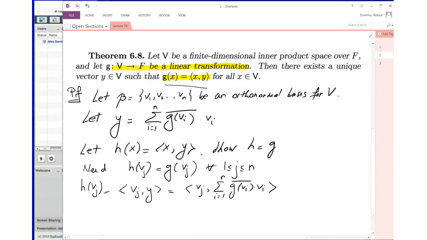In the second argument, the inner product will pull the scalars out with a conjugate and preserve linearity. So this is the sum i equals 1 to n of g of vi times the inner product between vj and vi.